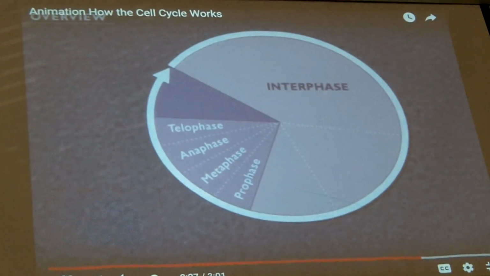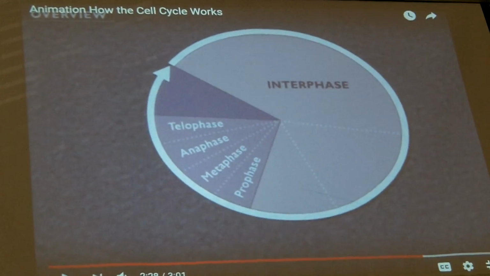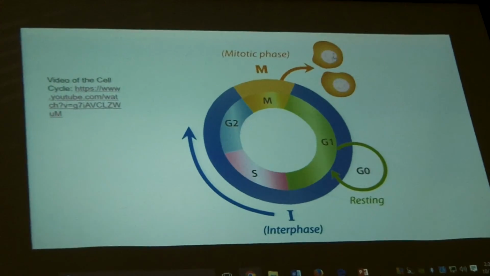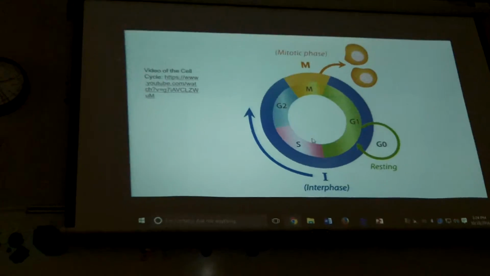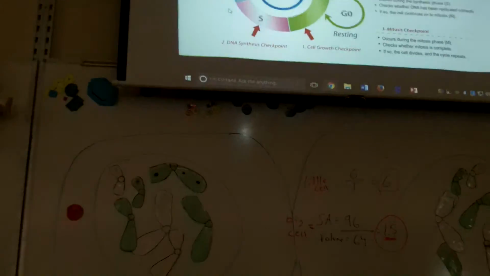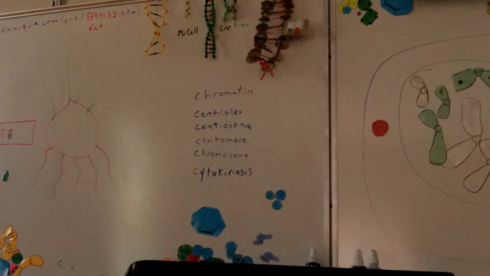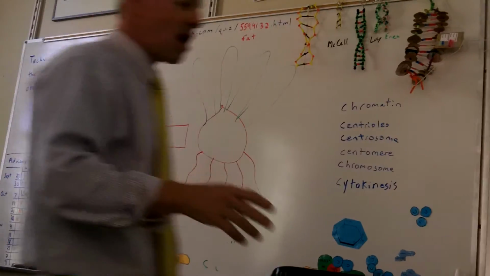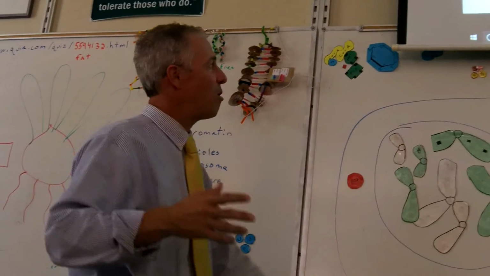To summarize the entire cycle, once you go through all these phases and you got 2 cells, it can start all over. Now the last part, hold on, don't get up. The last part talks about there's checkpoints.